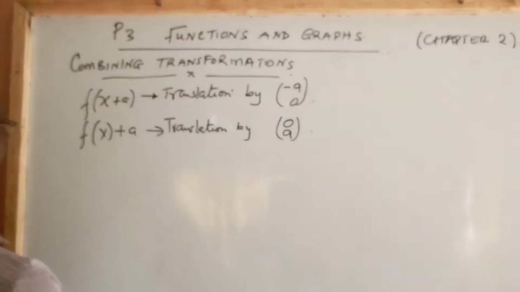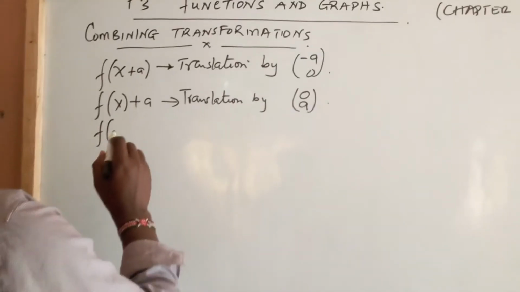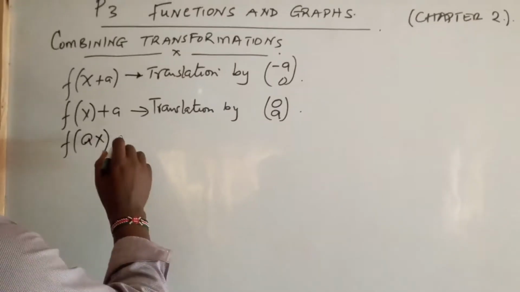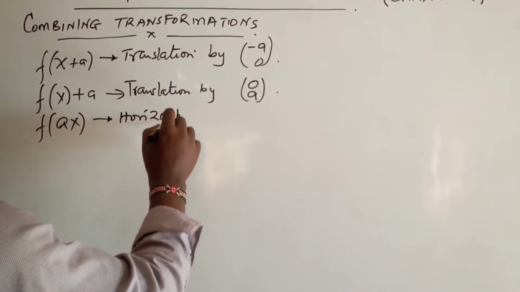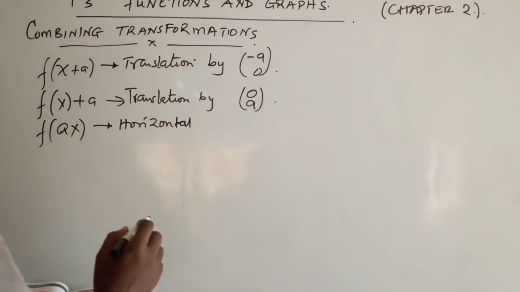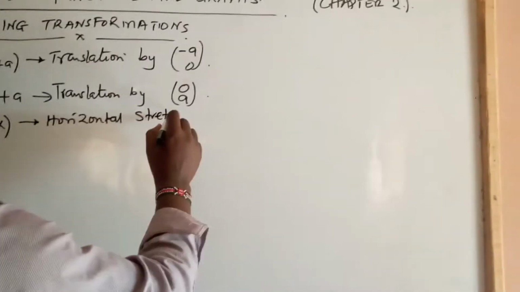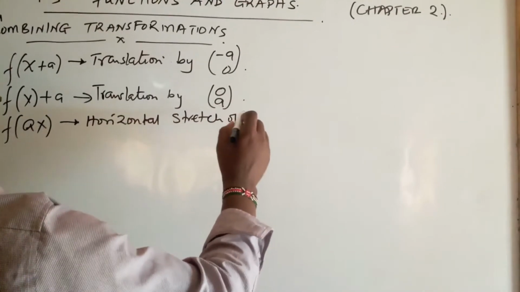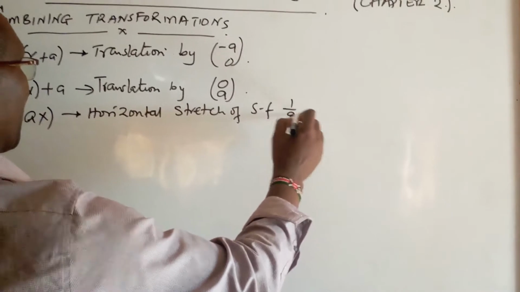Of course, it is important to know that if you have a transformation of function of ax, both of which are in the bracket, this one is a horizontal stretch of scale factor 1 over a.